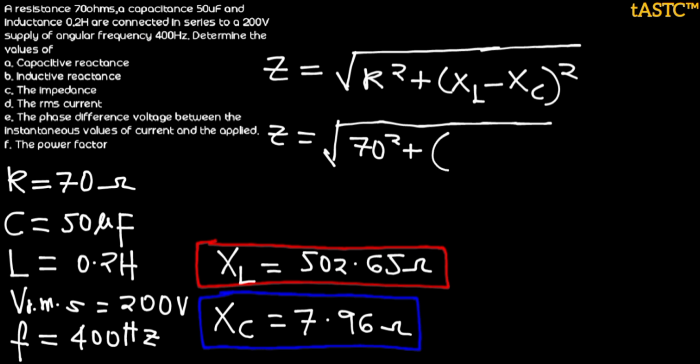Now X sub L has been found as 502.65, so that is going to be subtracted. We need to subtract 7.96, that is the capacitive reactance, away from there. So this is going to be 7.96, all squared.